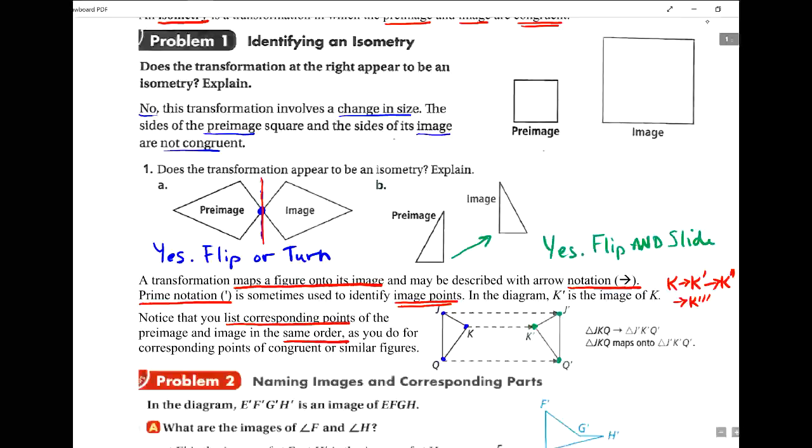Now you have to be very careful to label them in the right order and make sure you are labeling the image, your resulting figure, with prime notation. And start saying those and get used to using them.